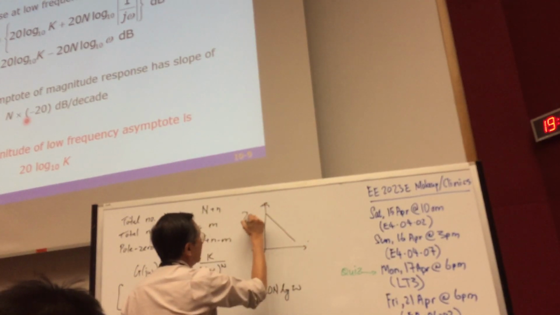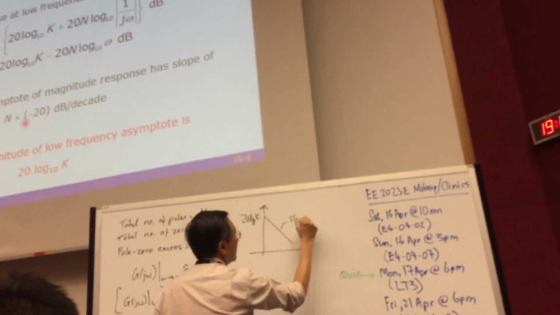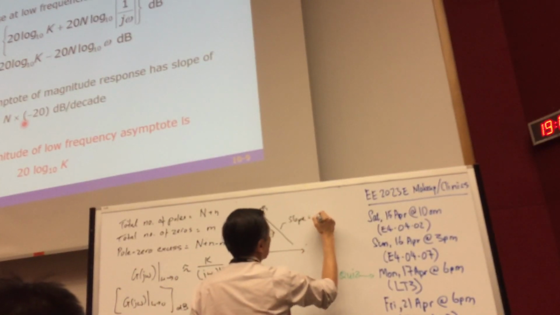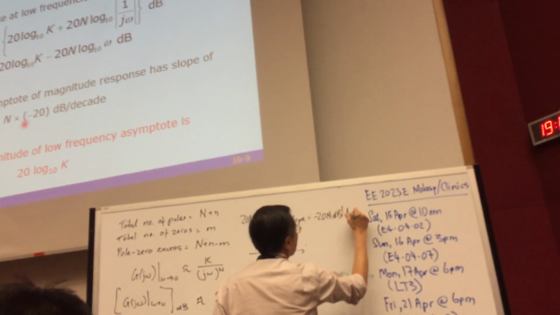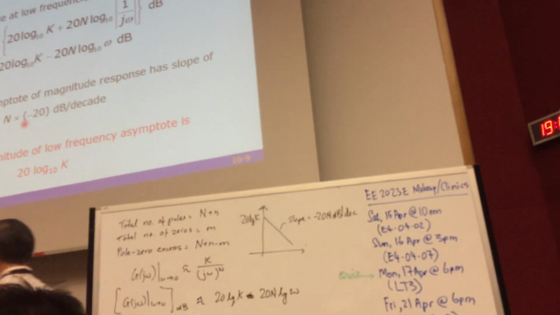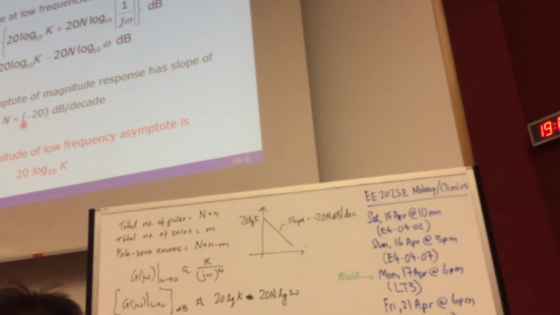So this is 20 log k, and this is the slope. If capital N is 1, it will go down at minus 20 dB per decade. If capital N is 2, it will go down at minus 40 dB per decade. If capital N is 3, it will go down at minus 60 dB per decade.